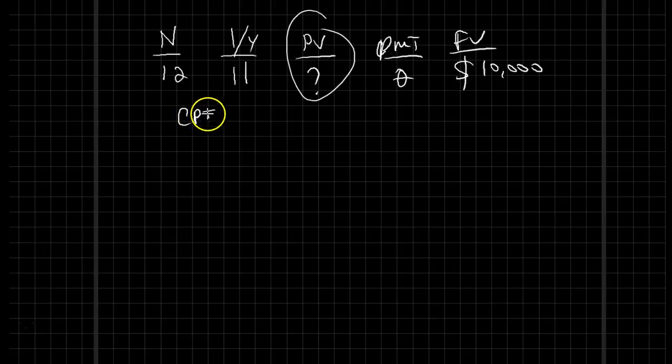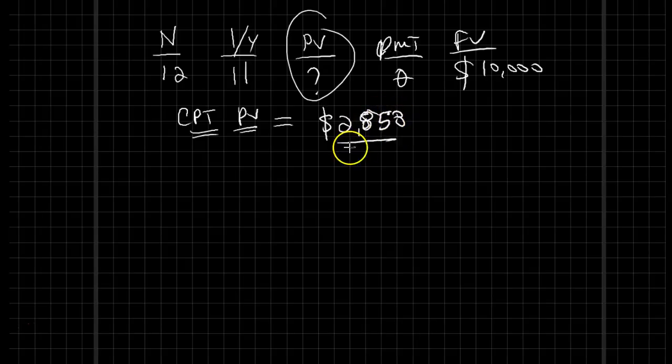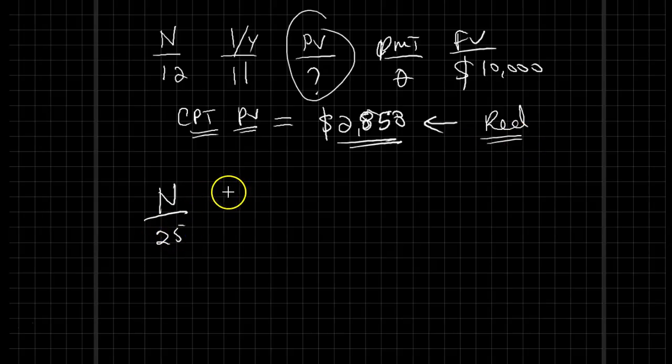So we compute the present value, how much this investment is worth, and it comes out as, I believe, 28.58. We do the same thing for the other investment, the green one. We have 25 years.